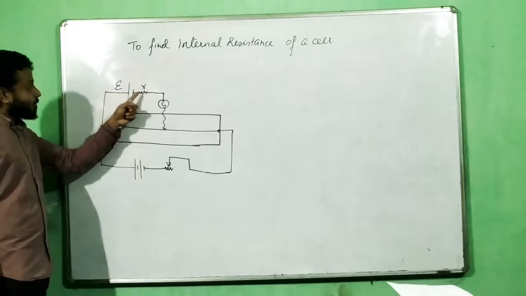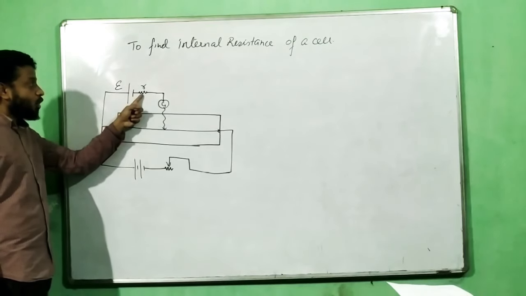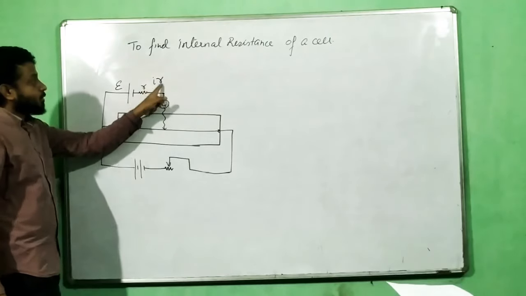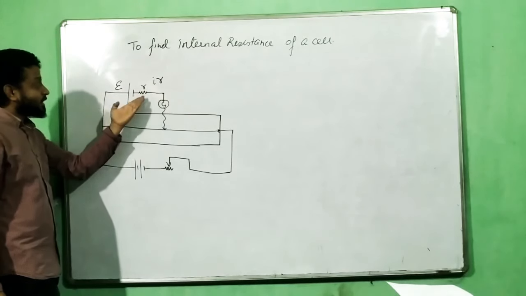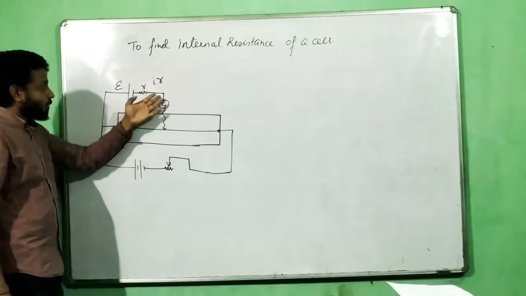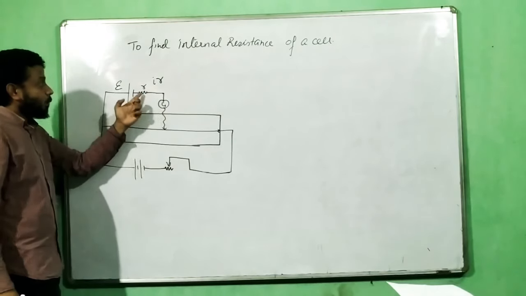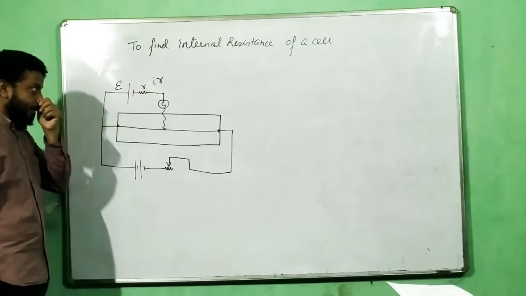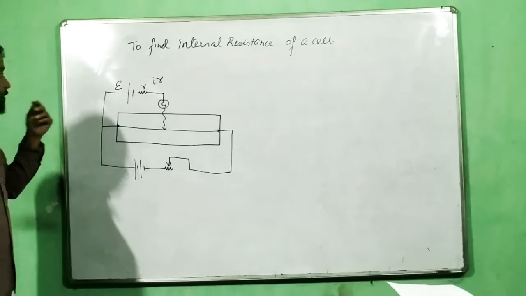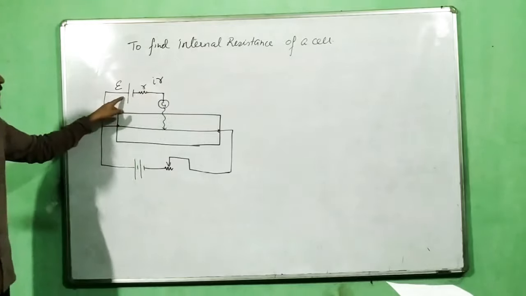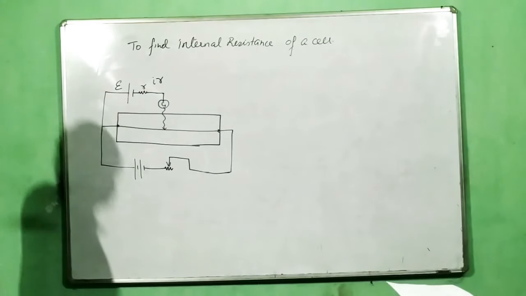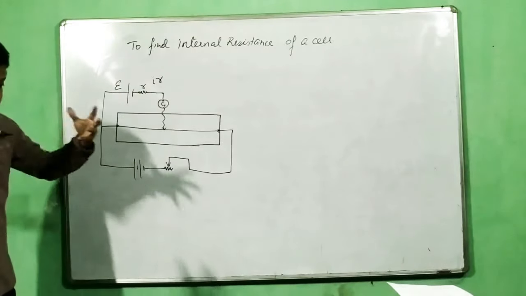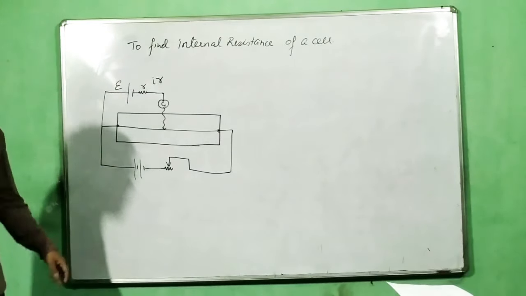This is the potential drop across internal resistance, which is zero when this attains a balanced condition, because the current flowing here becomes 0. So from here to here I get a potential difference only because of EMF. Unless I get this term, I have no option to find the value of internal resistance.